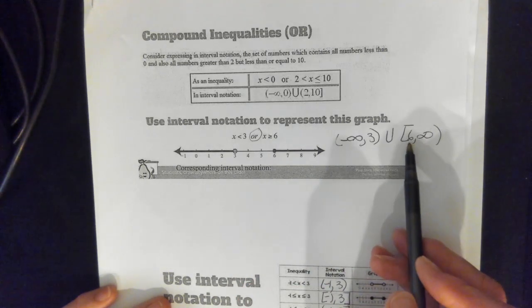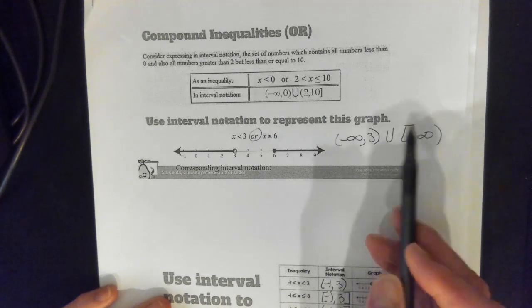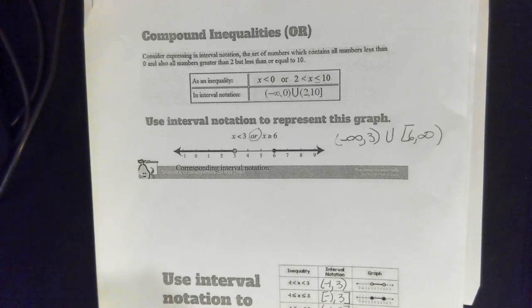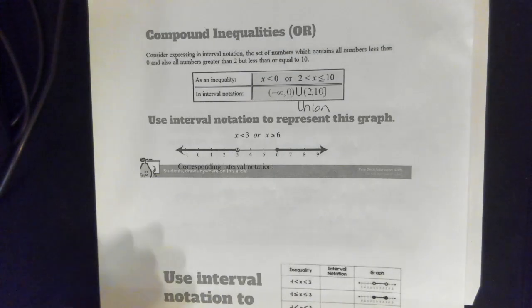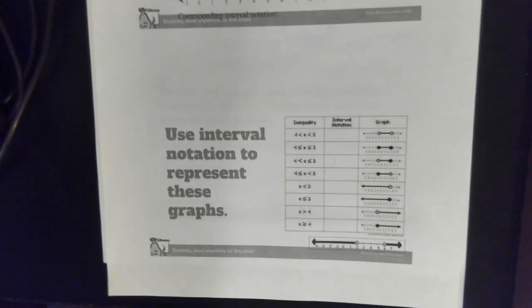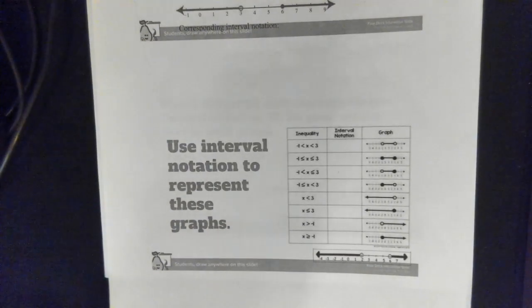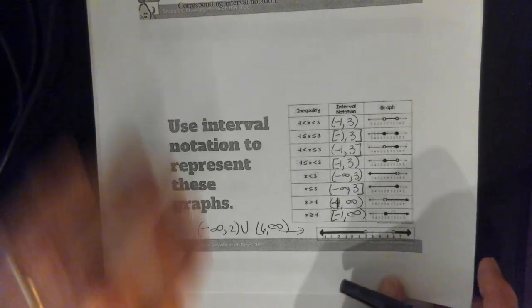The smallest number it can be here is 6, and it goes out to positive infinity. And you will see that infinities have parentheses. Now we'd like you to practice on these ones that are written here. I will show the answers, and then please check Schoology for any additional work that you need to do. Here are the answers.